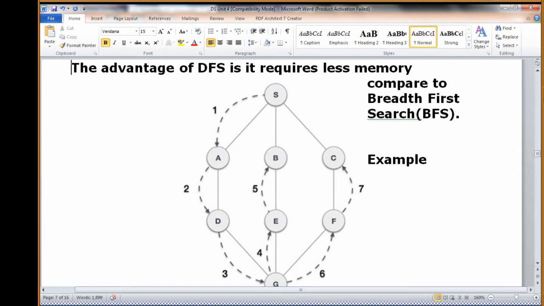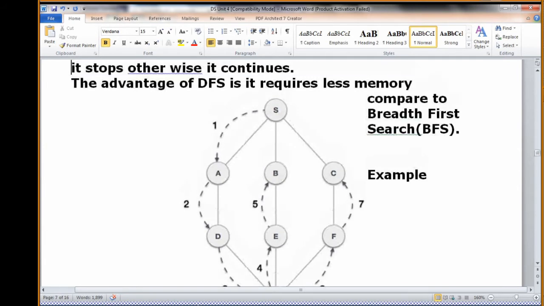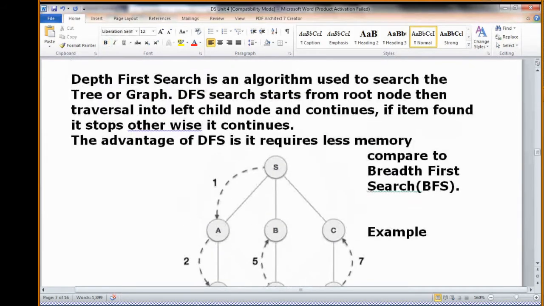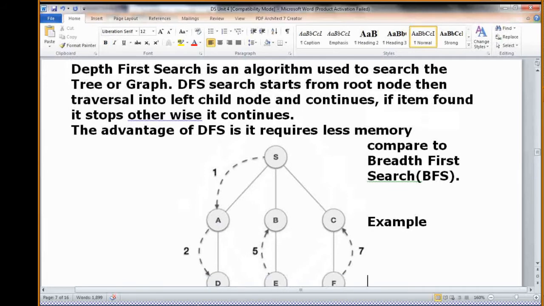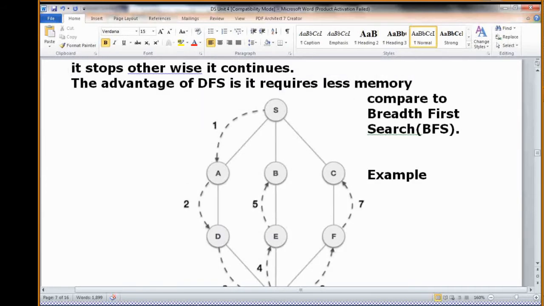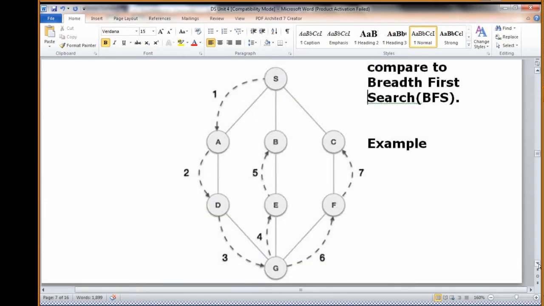In case of DFS, that means depth first search, we'll start from S and move towards the left side. Note down like this.